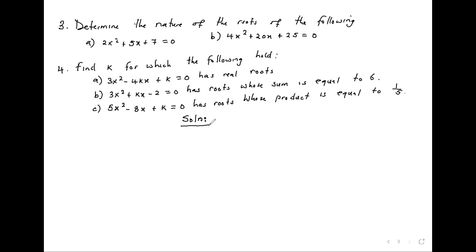Solutions. The first one, determine the nature of the roots of the following. For the first question, you realize that the discriminant, which is b squared minus 4ac, is the one that tells us the nature of the roots that a quadratic has. In these 4 cases, the first one, if D is equal to 0, then the quadratic will have equal roots.